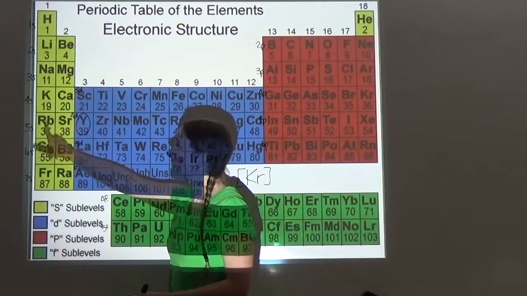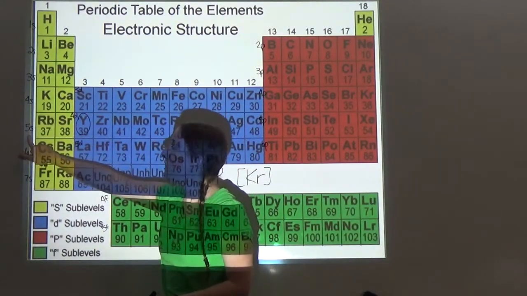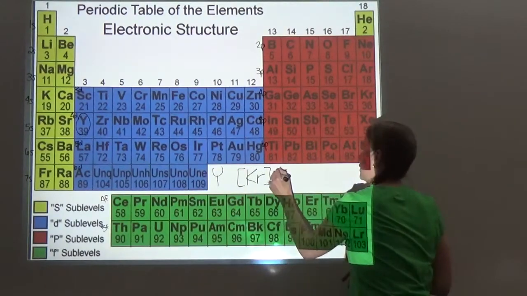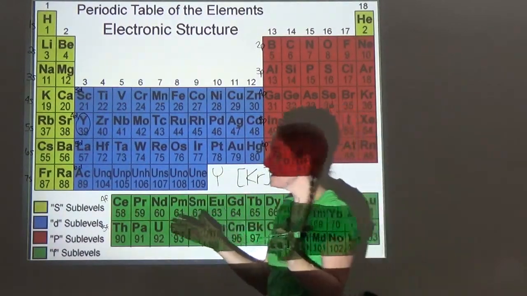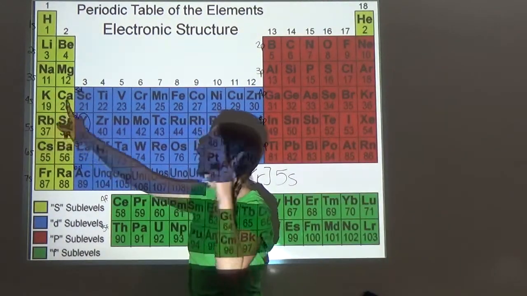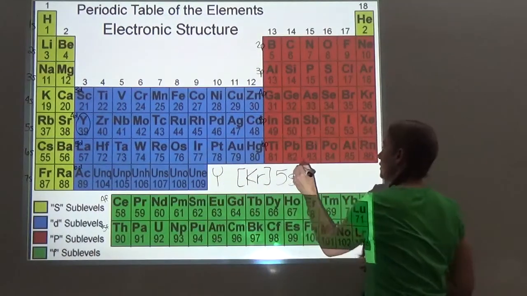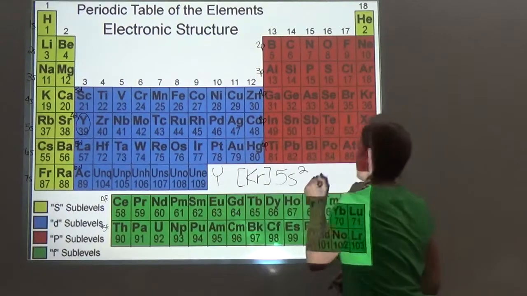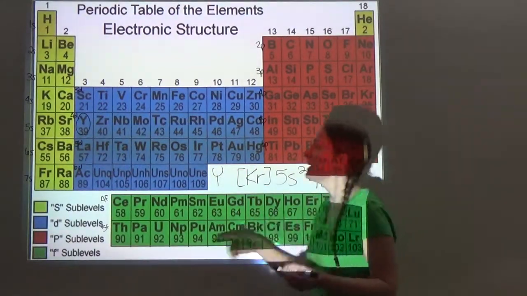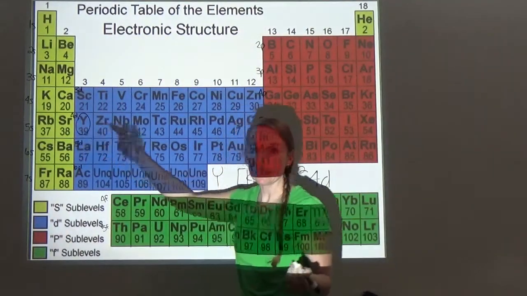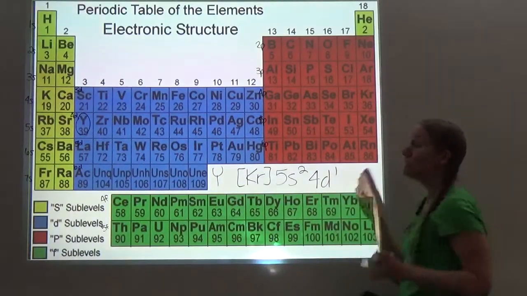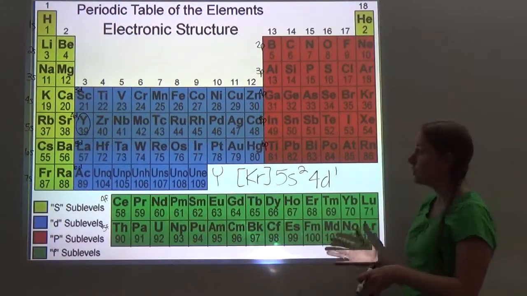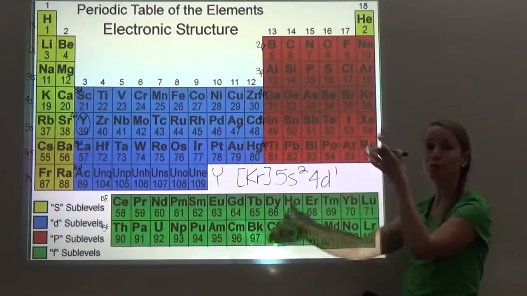So at Rb, I am now at 5s. I'm going to do 1 for Rb, 1 for Sr, so I'm going to do 5s2. And now I'm at Y, which is 4d. And I only need 1 to get through Y because it's the first element. Just like standard configuration, when you're done, you need to rearrange.